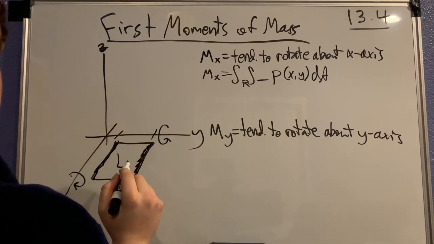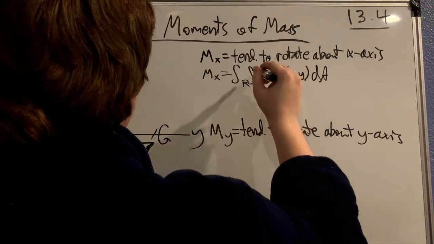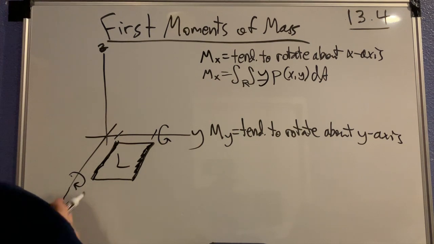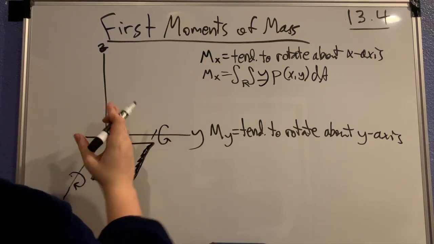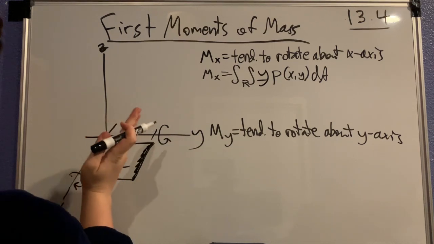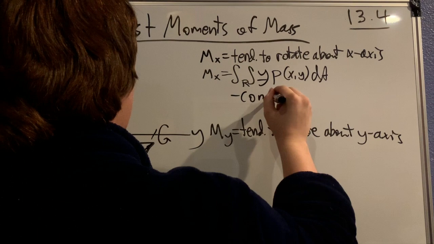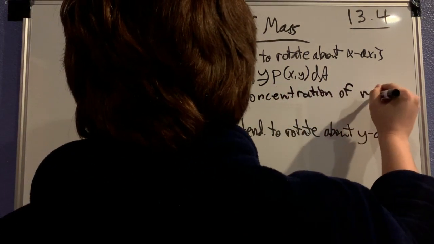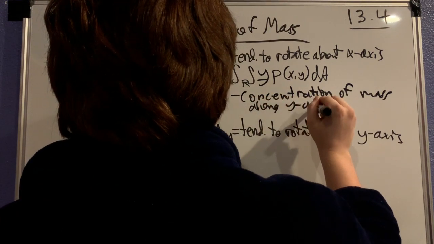And so the tendency to rotate about the x-axis would be measured in y values, because as you get further along, it gets easier and easier to rotate the more the mass is concentrated. So you can also think about this as concentration of mass along the y-axis.